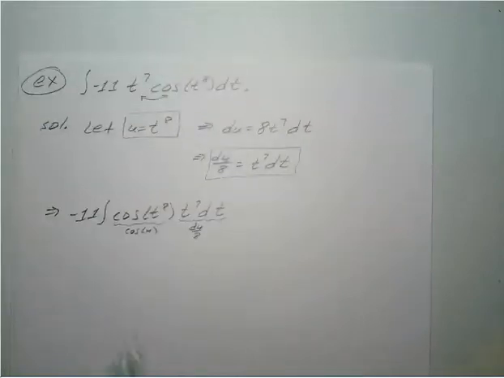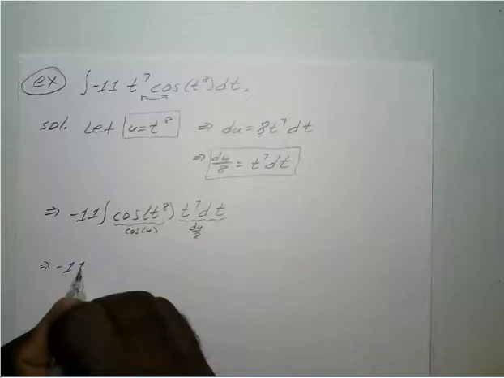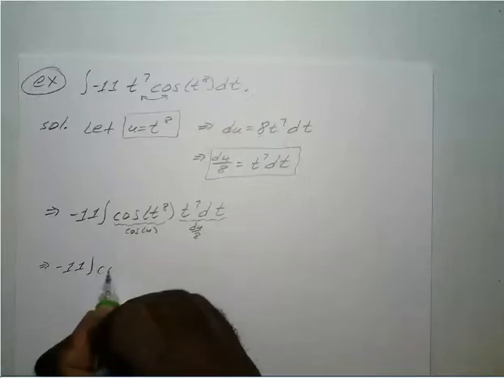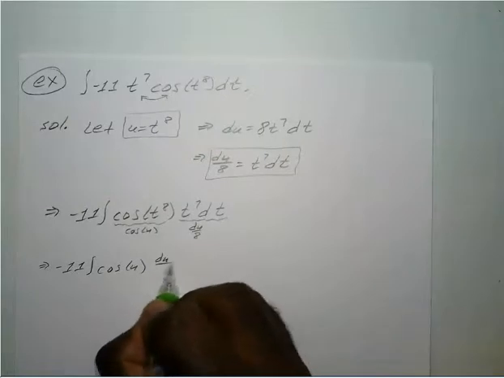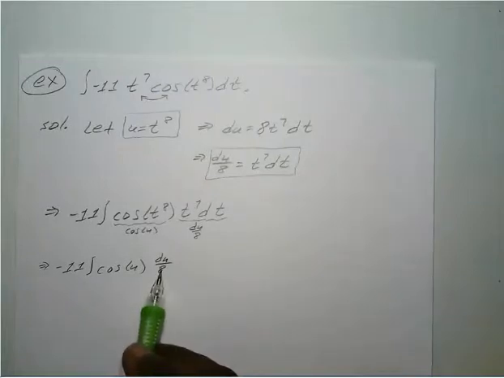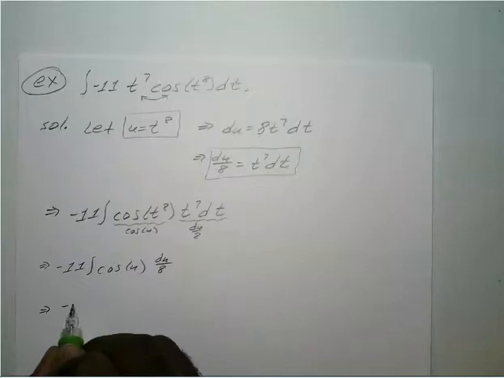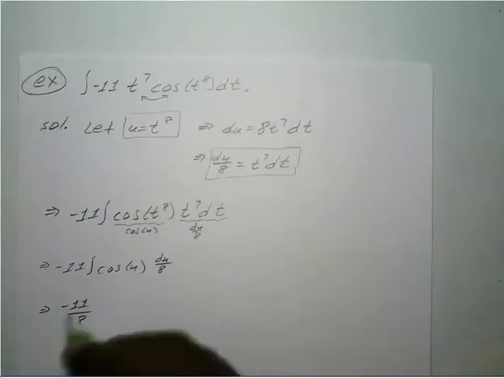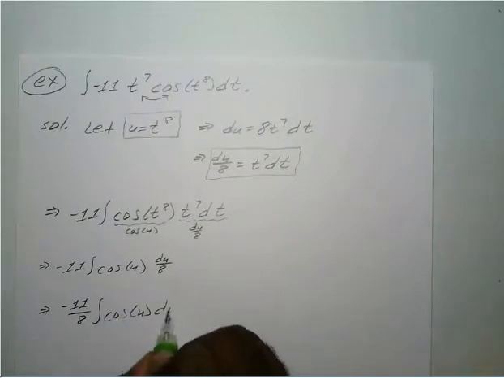So we're going to rewrite it with our u terms: negative 11 times the integral of cosine of u times du over 8. Once again, we can get that 8 in the denominator and bring it to the outside. So negative 11 over 8 times the integral of cosine of u du.